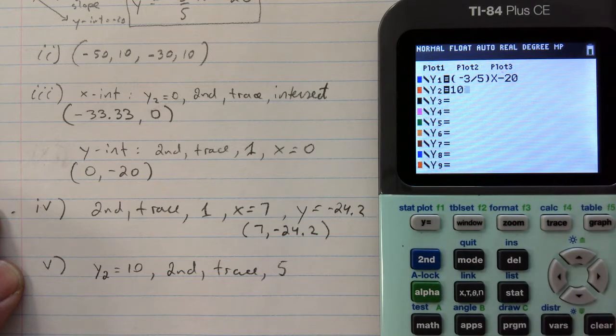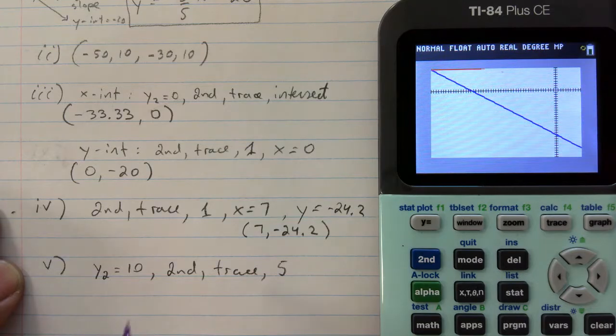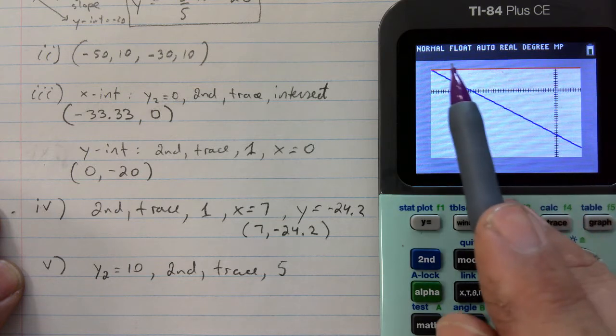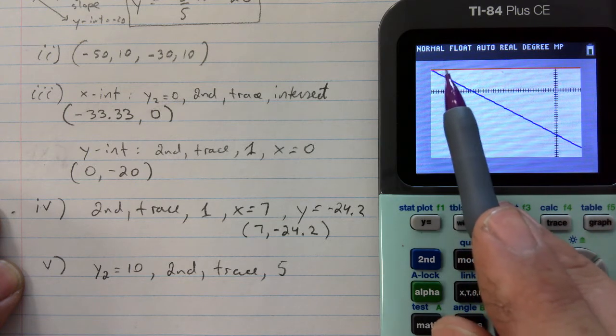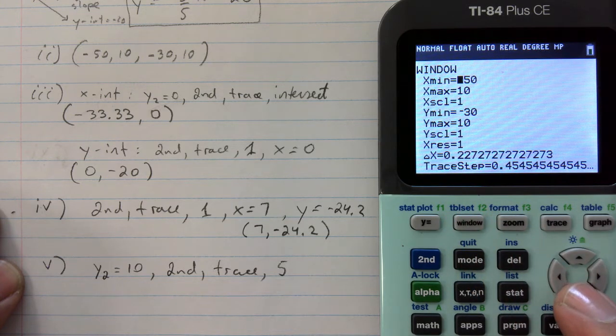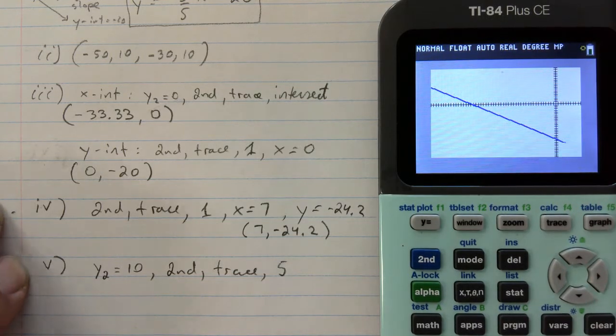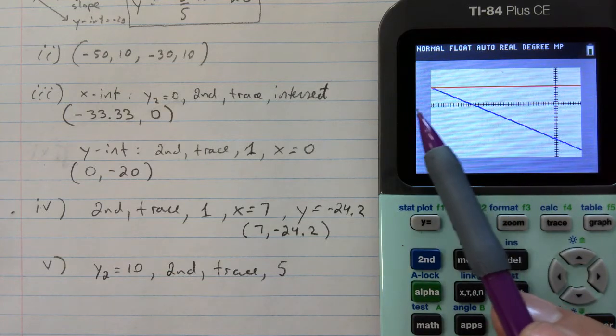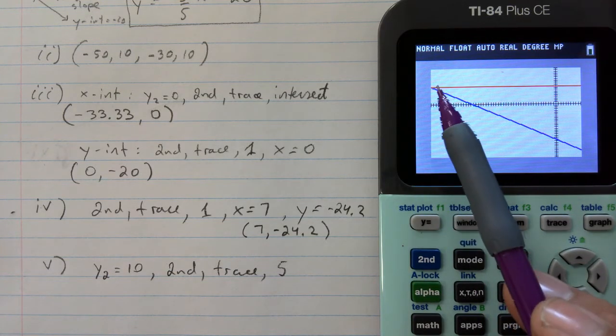It is what it is. And watch, because the y max is right at 10, it's just on the edge. So what I would do is go to window and increase my y max to 20. And even your x min could have been put further this way, but let's see what happens.